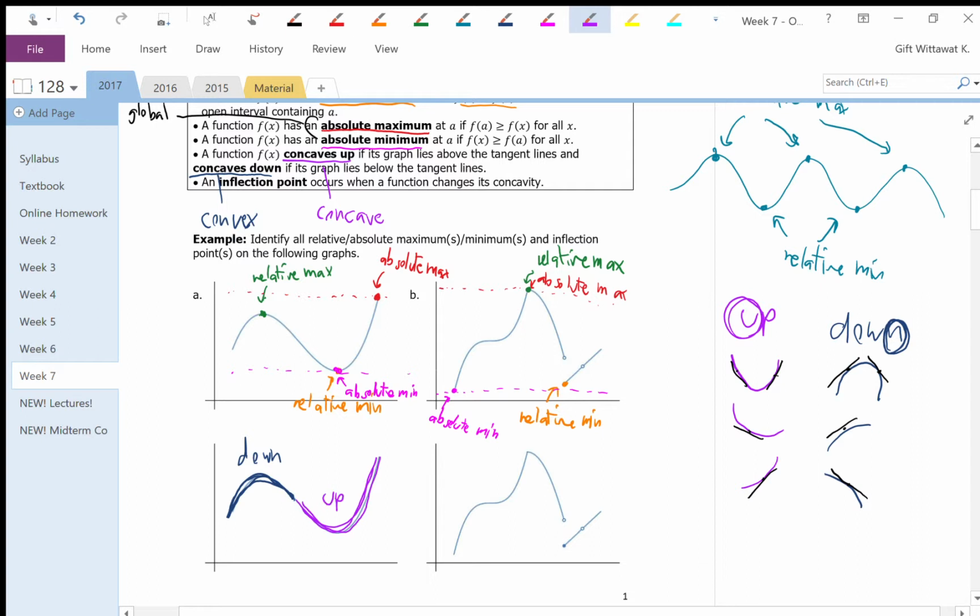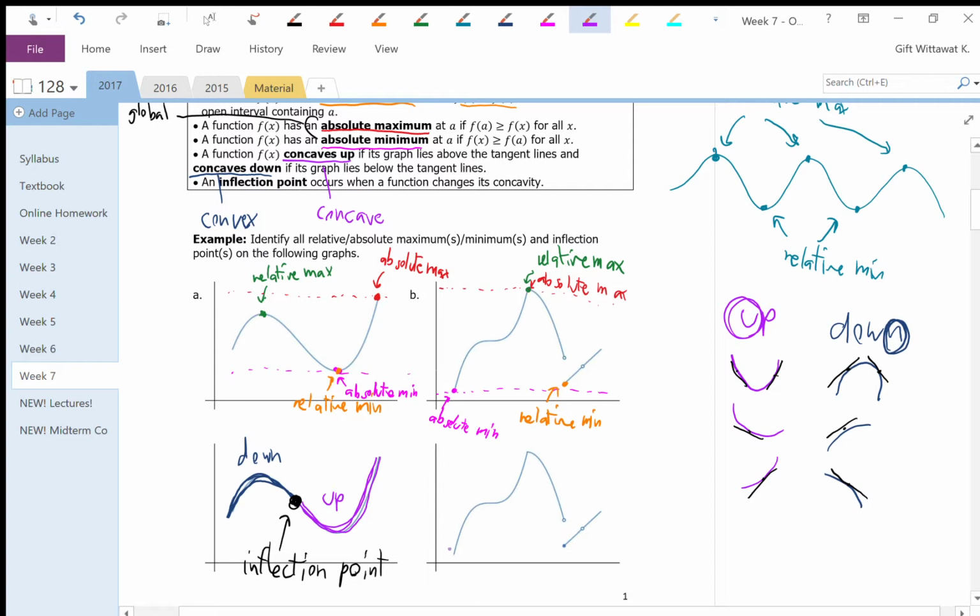Now there's a point here where my function changes from concave down to concave up. This is what we call the inflection point of a function. So the graph is concave down here, concave up here, and when the graph changes concavity, this is called the inflection point. So let me try again with the other graph.